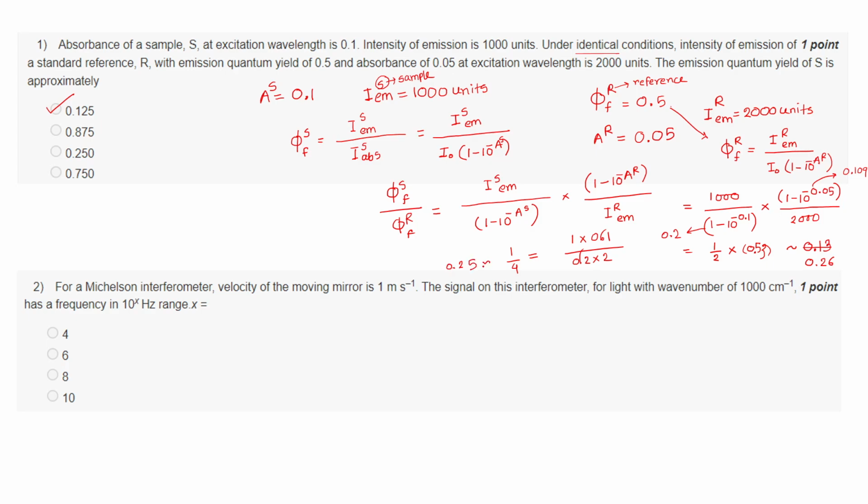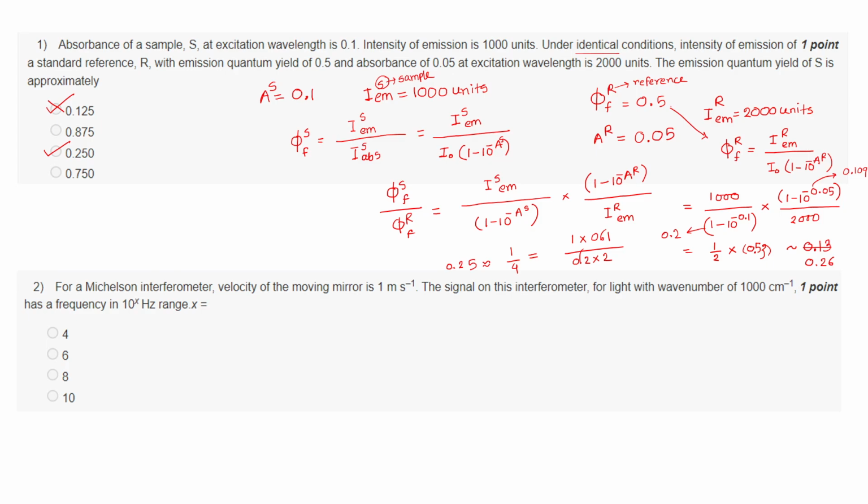Actually the correct answer would be 0.250, not 0.125. Is it given as the correct answer? You are saying it is given as the correct answer. Let me see also. Maybe the answer that is given is wrong. Sometimes it is something like that.